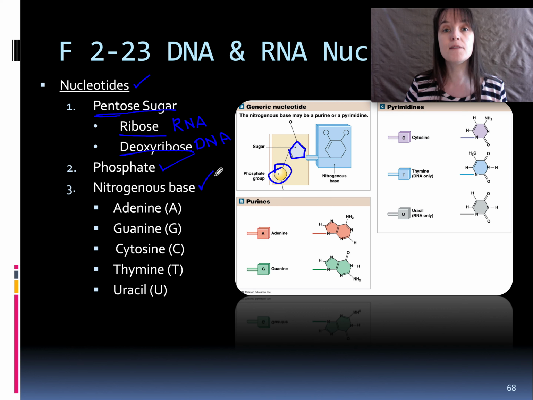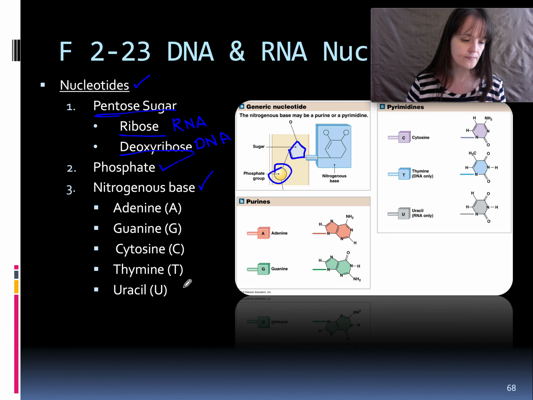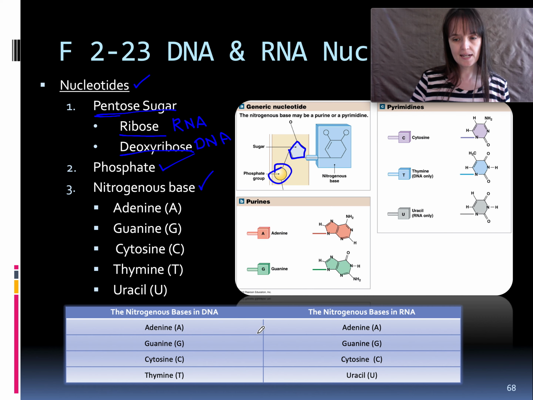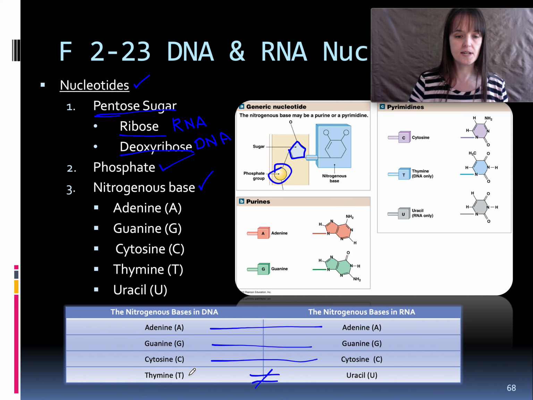There are 5 different nitrogenous bases found in nucleotides: adenine, guanine, cytosine, thymine, and uracil. Those are abbreviated with their first letter capitalized. I have a chart. DNA and RNA both use adenine, guanine, and cytosine, but they do not use the same fourth one.